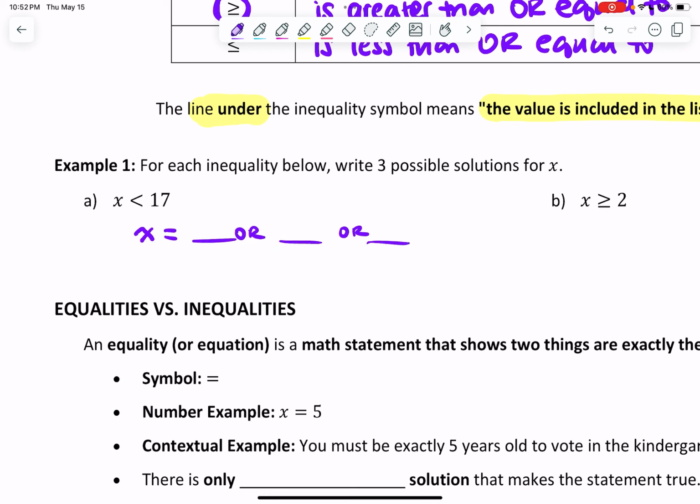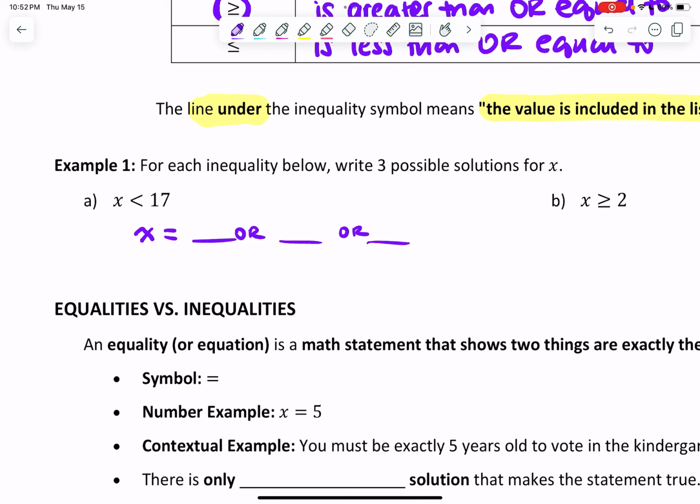So this reads as X is less than 17. What's a number less than 17? Well, it could be 16. What other options do I have? I could also say X is 7. I could also say X is a quarter. I could also say X is negative 12.